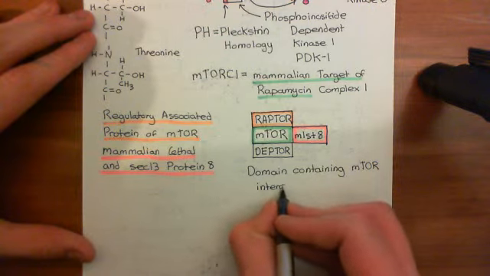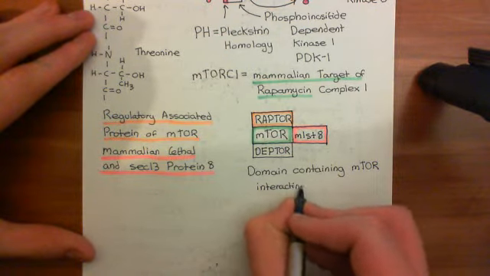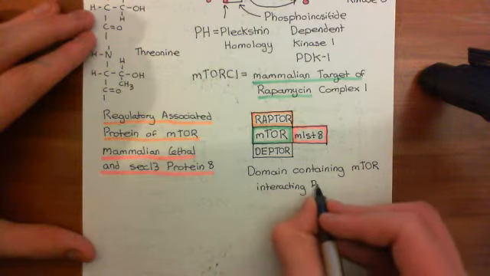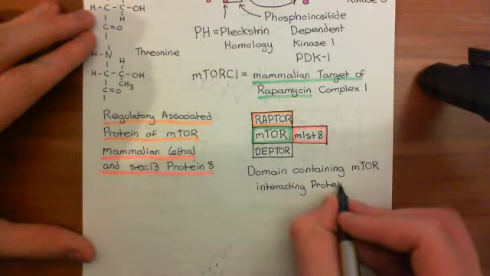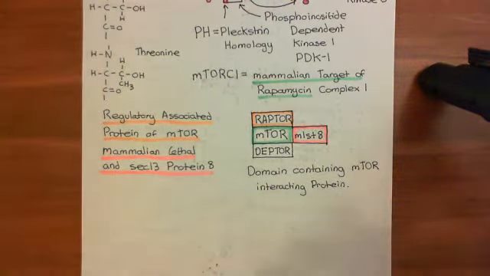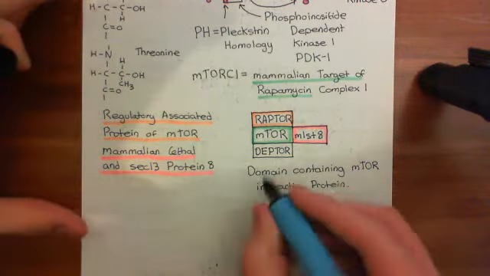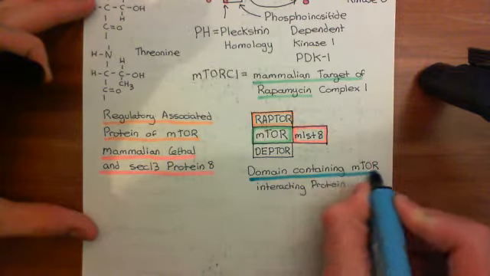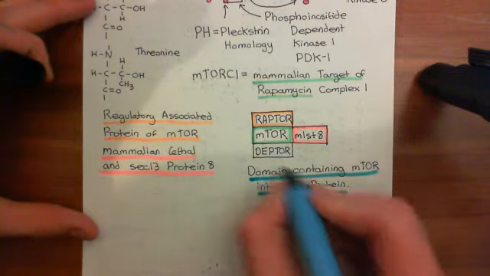Okay, so how they quite got DEPTOR from that, I don't know, but that's supposedly what DEPTOR stands for, the domain containing mTOR interacting protein. Okay, so we'll have that one labelled in blue here. So I'll underline its name in blue and I'll outline it in blue.